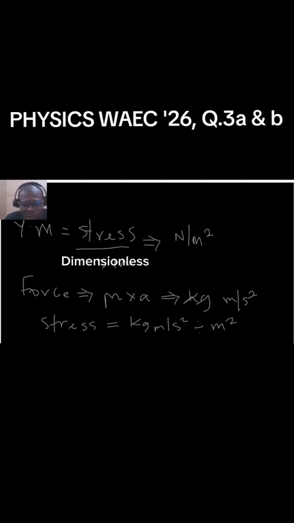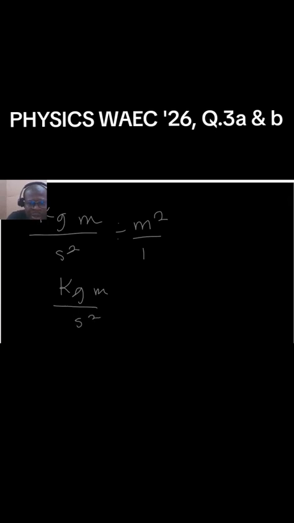So when you do that, what are we going to get? So we have kilogram meter over second squared divided by meter squared over 1. So that gives us kilogram meter over second squared multiplied by 1 over meter squared. So this and this is cancelled, and then you have kilogram per second squared per meter.